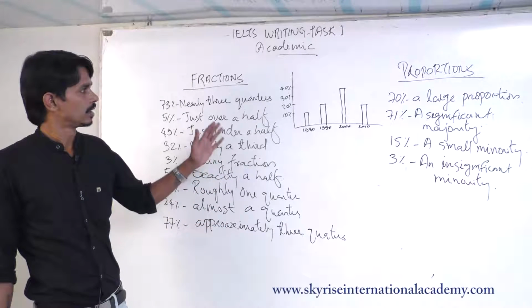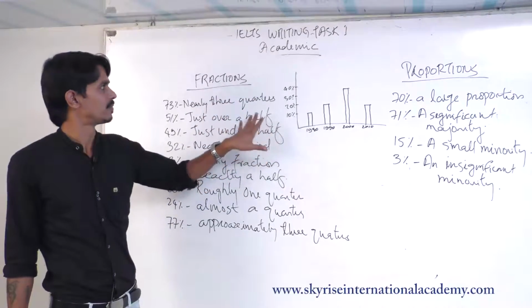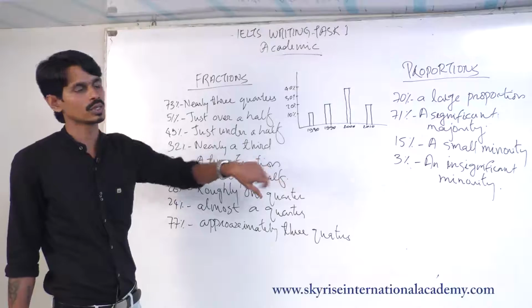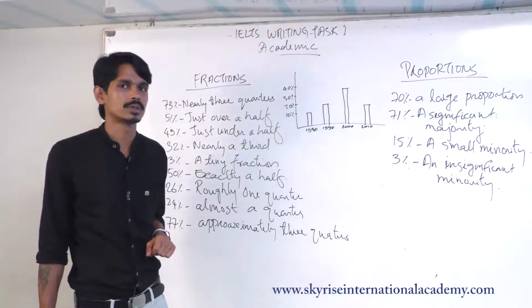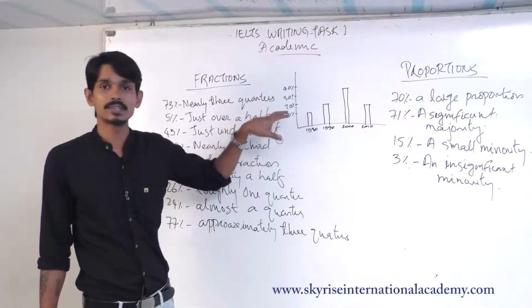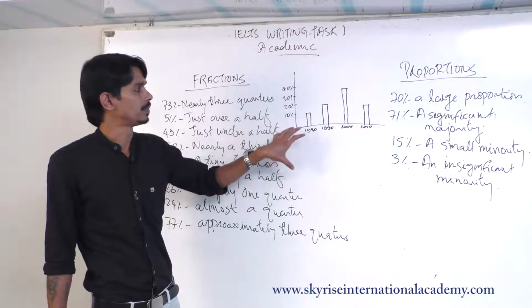Now again in the writing task 1, we come across some fractions and proportions. As long as we are not 100% sure of the specific number or the percentage, we cannot really say the exact number.